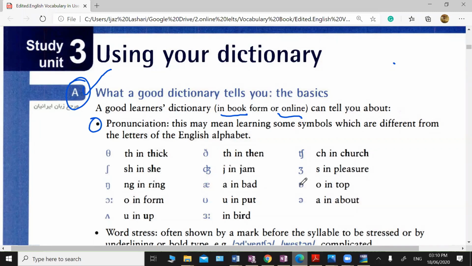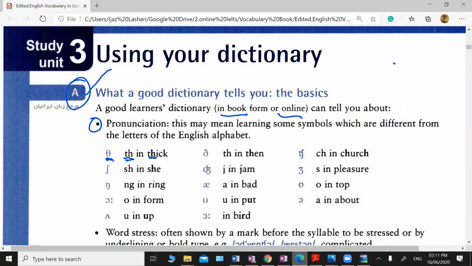Like you see the first one here, there is a symbol, and it goes with TH. The word is thick, thick. So thin, throw. So when you see this symbol, it means this sound will be pronounced as th, thick, thin, throw, theater.